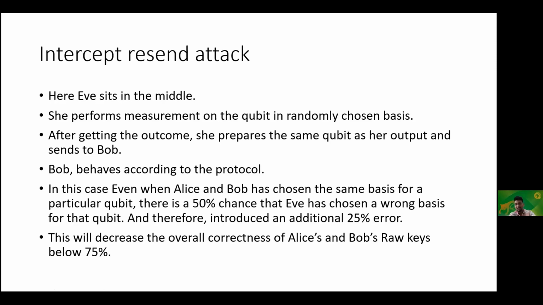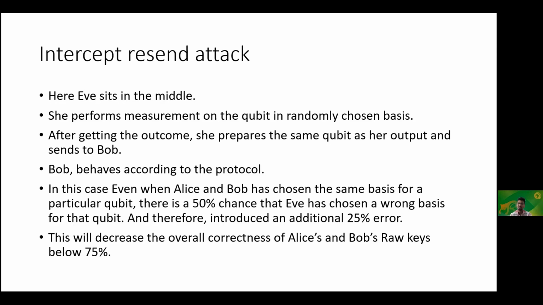However, Eve, when she performs her measurement, doesn't know what basis Alice has chosen. So among this chosen 50%, half of the time Eve will measure in the wrong basis. And by measuring in the wrong basis, she will end up preparing a wrong kind of photon and sending it to Bob. So Alice has sent H, Eve measured in the DA basis, and out came A, and Eve will send A to Bob.